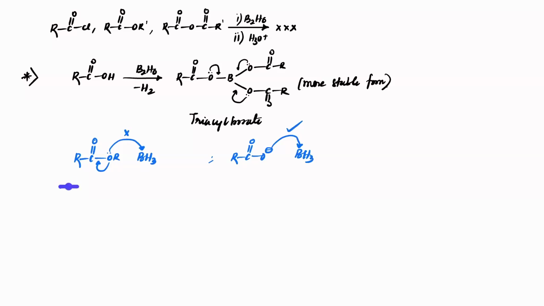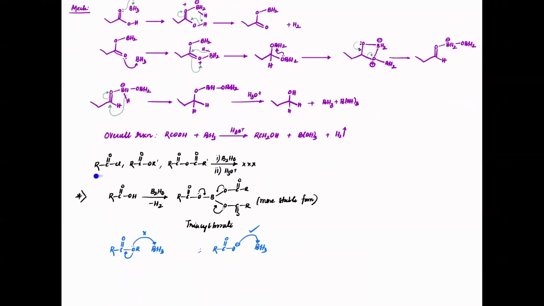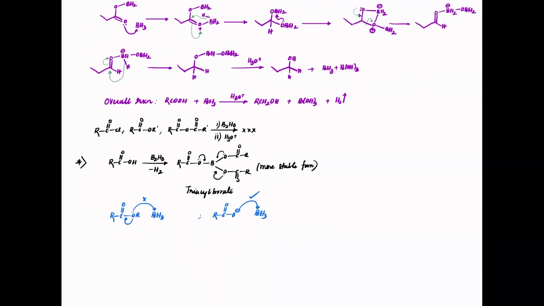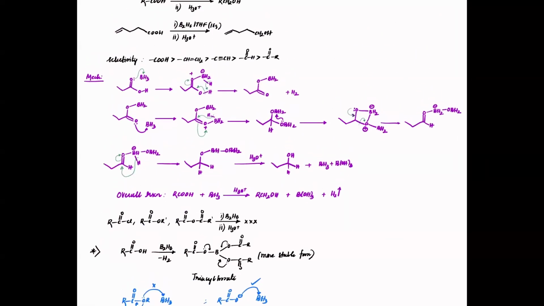That's why esters do not make that impact on BH3, while acids will. So remember why it is not very favorable for these cases: this type of triacyl borate ester formation, which is very stable, is not observed. Clear with this idea? This is with B2H6, everybody.